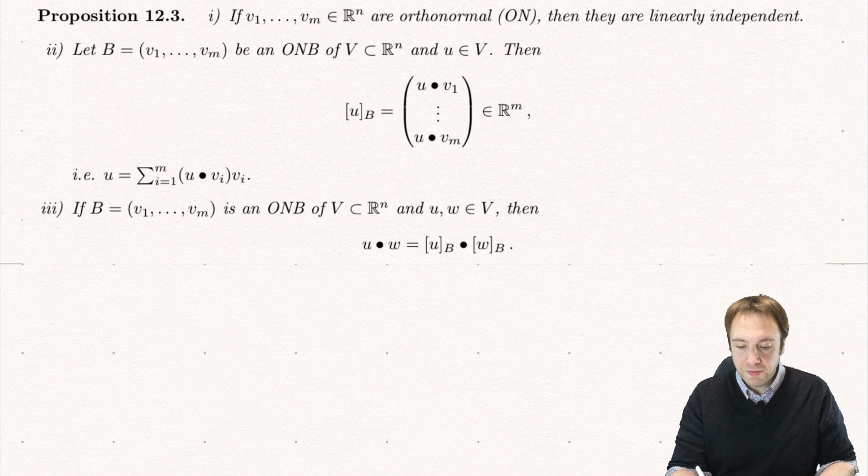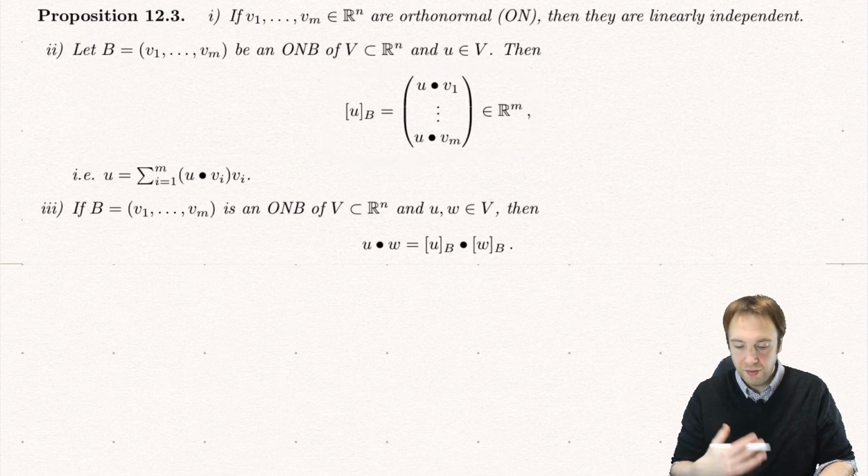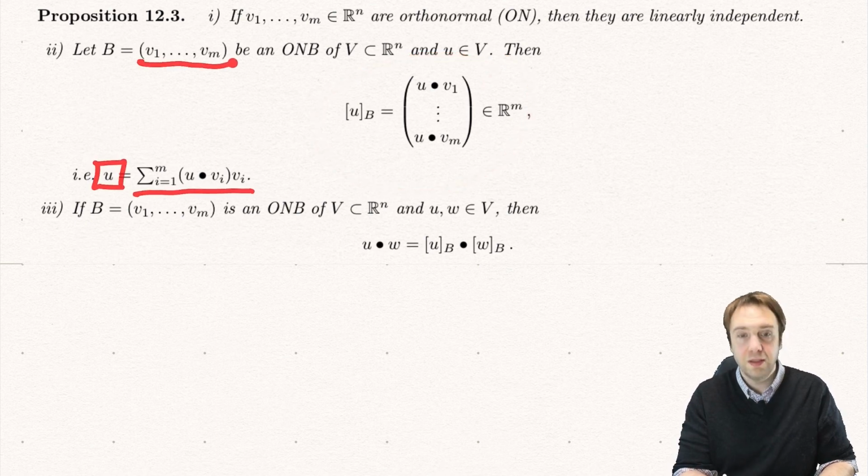And the statement is that the entries of this coordinate vector, so this is what I called lambda 1 up to lambda m, are just given by the dot product of this element with the corresponding basis vector. So the coordinate vector we can write down without solving any linear equation. Because this is a coordinate vector, this just means that u is this linear combination of this basis here. So here this is what we usually call lambda i.